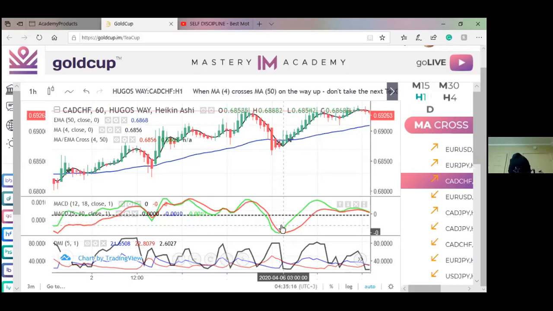So you see my green is above the red and my red is above the blue. All right, right here, my blue is above the red and my green is above the red. So I would have taken a buy right here.